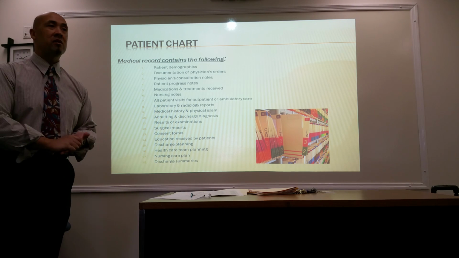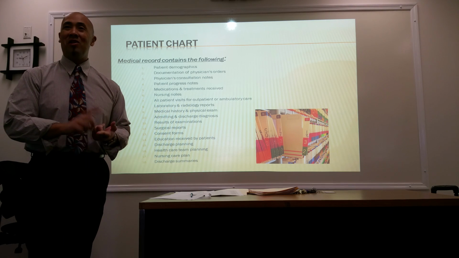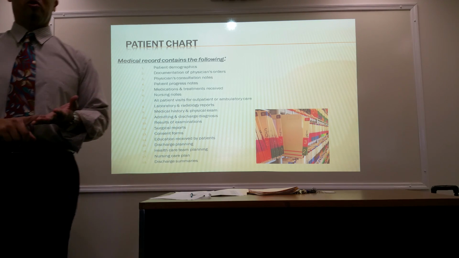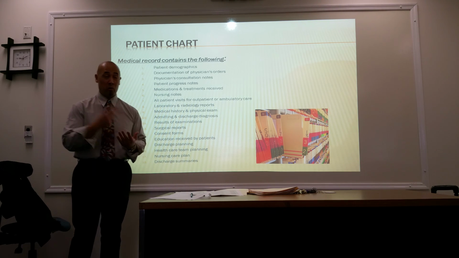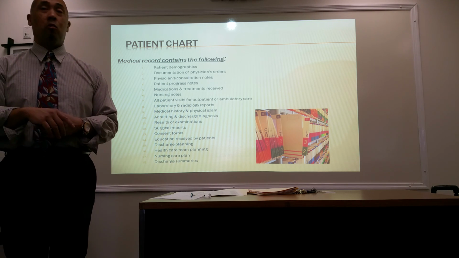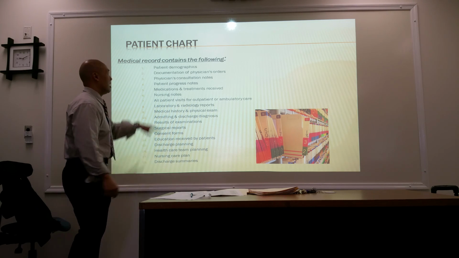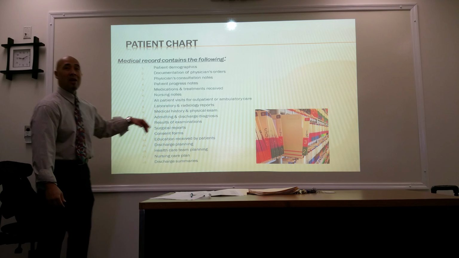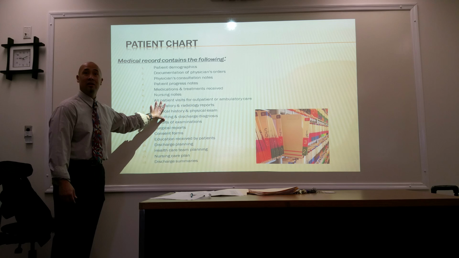Okay, so what's found in the medical chart? Everything and anything, right? Your name, your address, your birth date, your social, your driver's license, your medical record number, religion, gender, where you were born, all these things. And then we have everything from doctors and nurses and procedures that they've done.